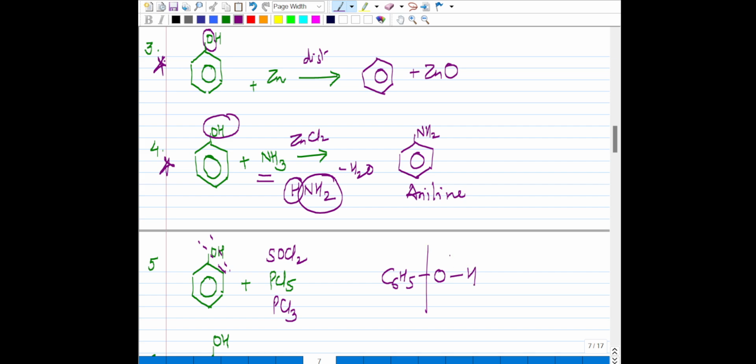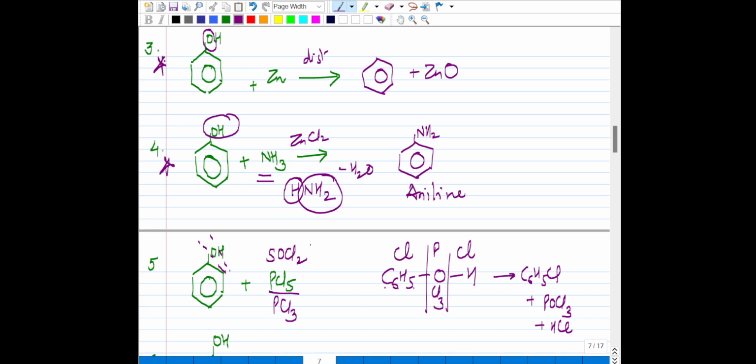So bond will break along oxygen. If we take PCl5, then give Cl on right, Cl on left, and you get PCl3. So what is the product? C6H5Cl, right? POCl3 and HCl. C6H5Cl plus POCl3 plus HCl.